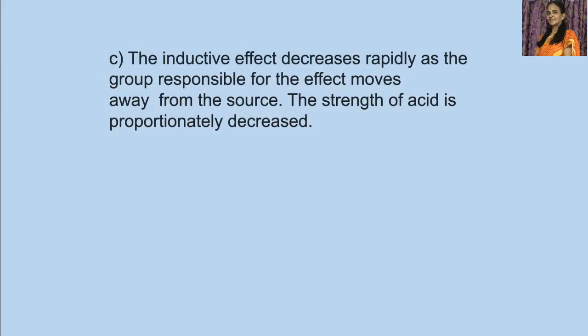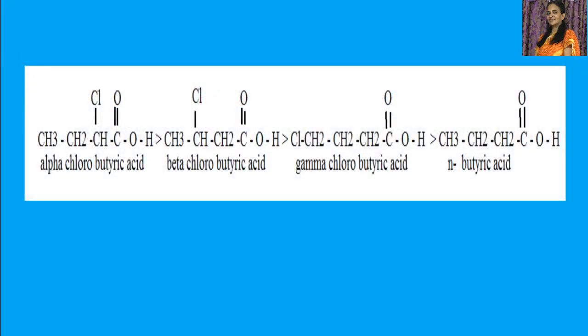is that the inductive effect decreases rapidly as the group responsible for the effect moves away from the source, and the strength of the acid proportionately decreases. So here the group responsible for the inductive effect is chlorine. The OH bond is the source. H has to be removed to exhibit the acidity. From this OH bond, this chlorine is here.